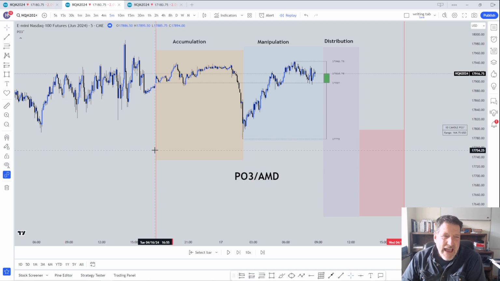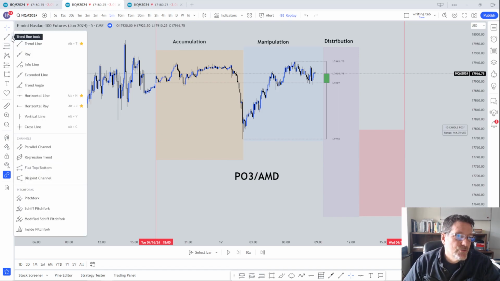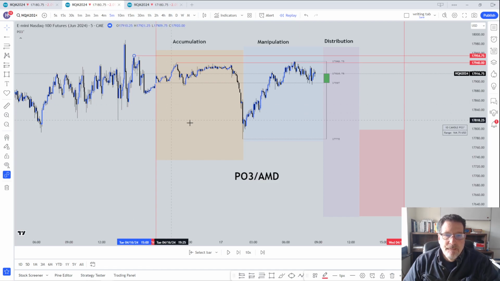Knowing that we generally have manipulation before distribution, I would come in here, and just to give you a little insight into what we're going to talk about, when we do a higher time frame, there's a liquidity level.